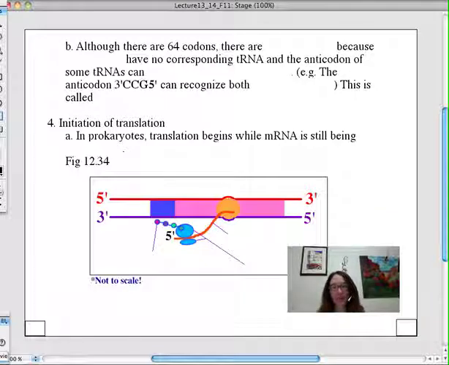So one note is that tRNAs are partially responsible for degeneracy. Remember degeneracy, the fact that there's more than one codon that dictates a particular amino acid. And that's because although there are 64 codons, there are not 64 tRNAs. There's 40 some odd tRNAs, which must mean that sometimes a tRNA can recognize more than one codon.